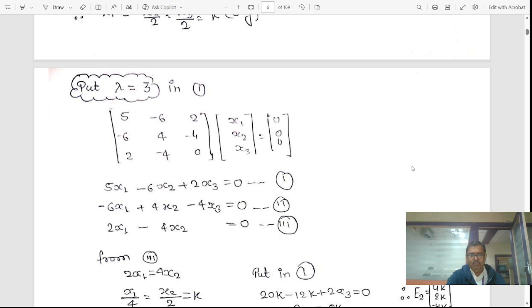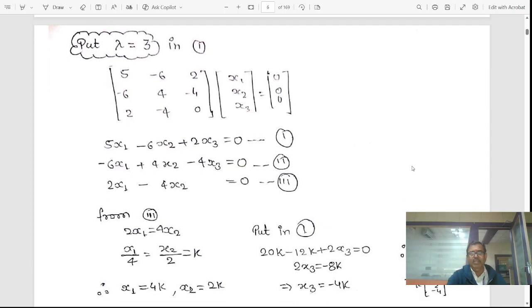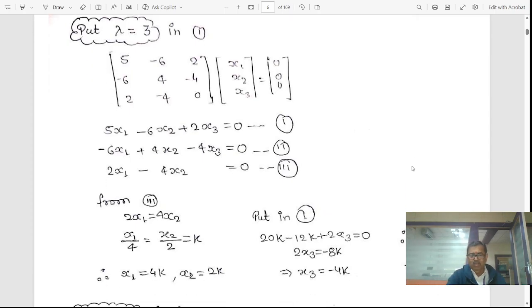From equation number 3, which is an equation in two variables, it is immediately converted into ratio form. We can write x1 upon 4, x2 upon 2, equal to k. So x1 = 4k, x2 = 2k.